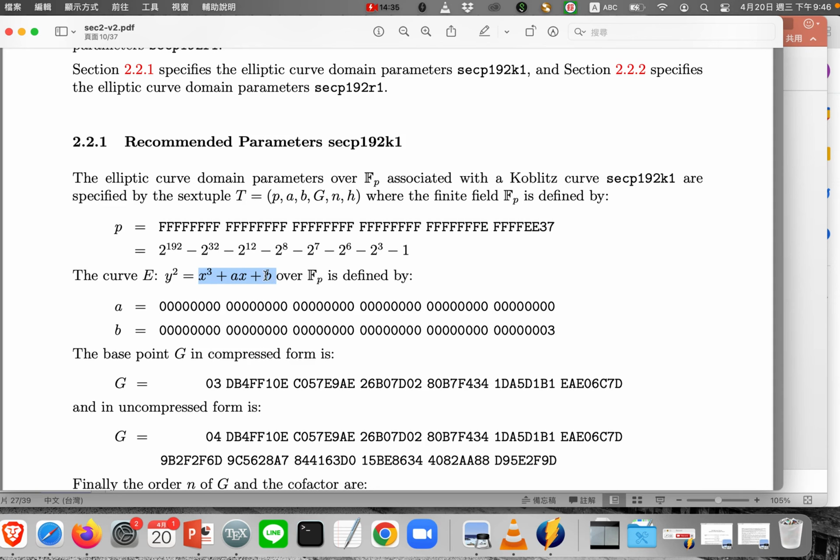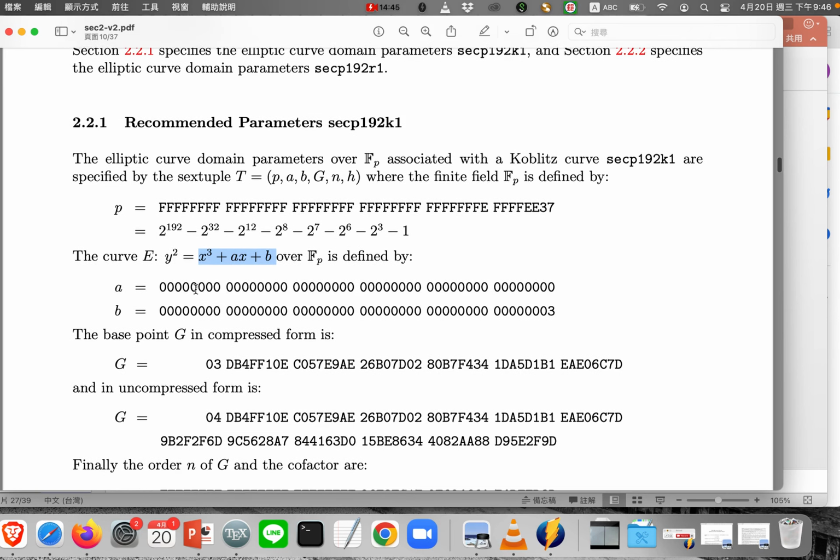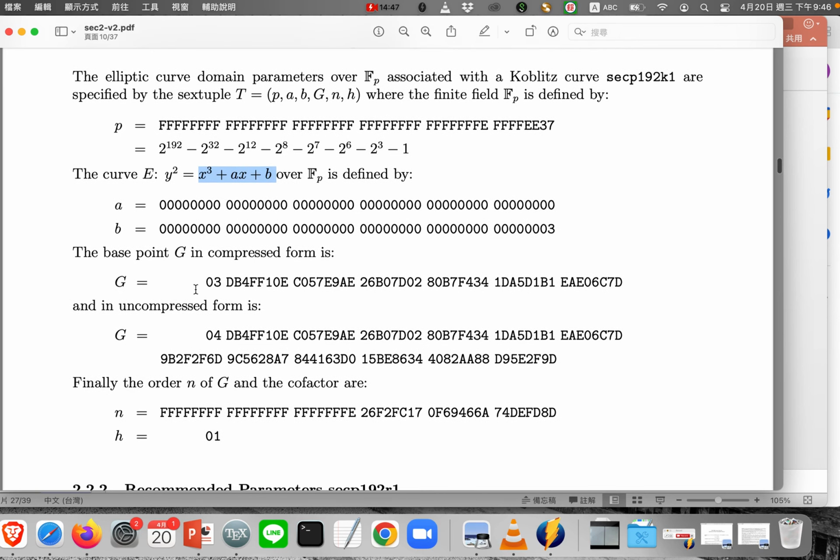Evaluating this is no problem. The problem arises when we're trying to find the square root. If you find a square root, you will end up with 2 square roots. So which one should you choose? In that case, you need to choose one of them. So that has some 1-bit information. You need to have an extra bit that is contained in this 03.